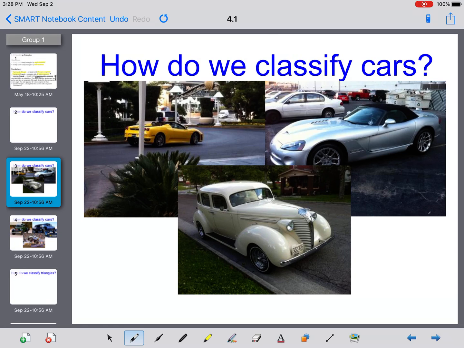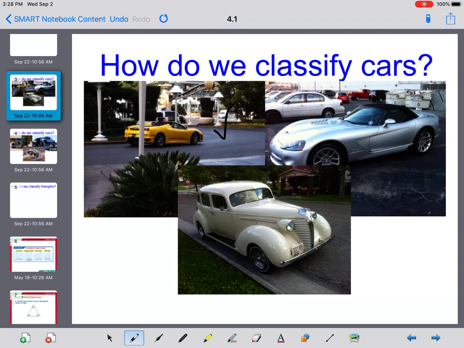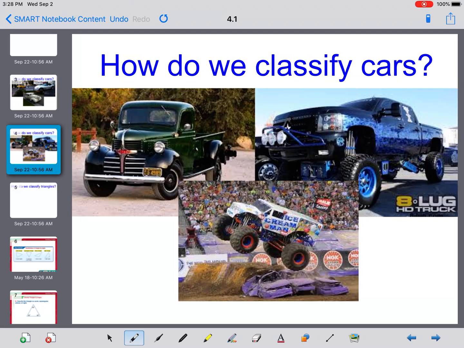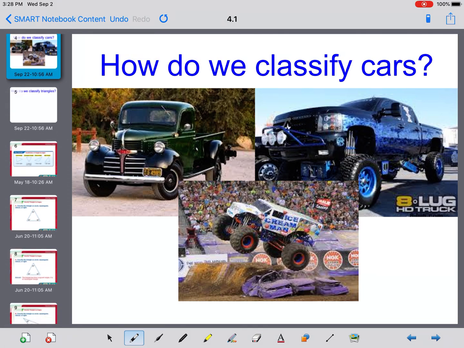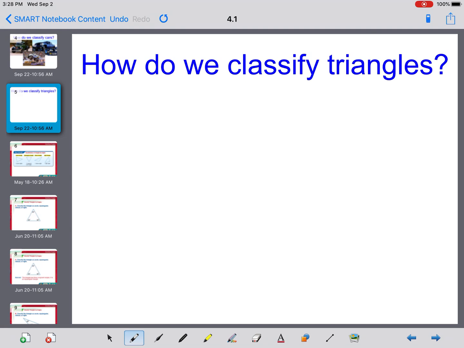There's probably some others that I'm not thinking of right this second, but in other words, there's different ways to do that. Here are some cars that I took pictures of in the past, and I think this one here is worth about $200,000. That was in Vegas somewhere. Here's some more pictures that I did not take, but these are trucks. They're all trucks. They're quite different though.